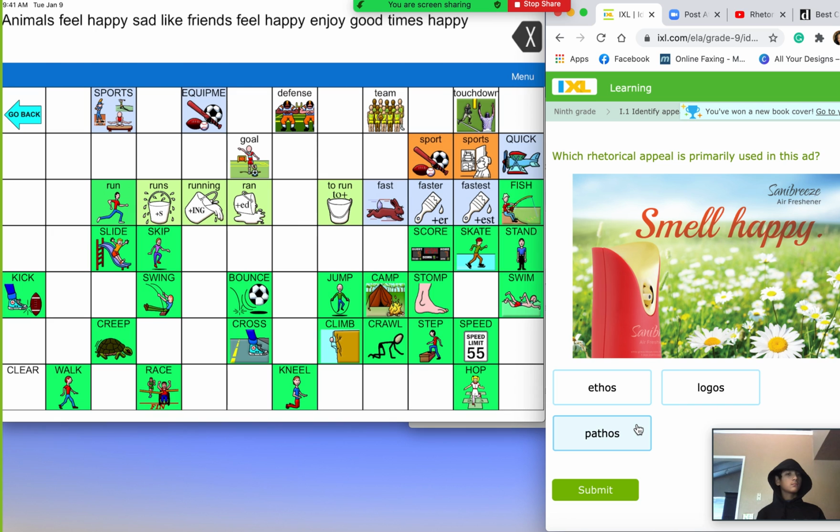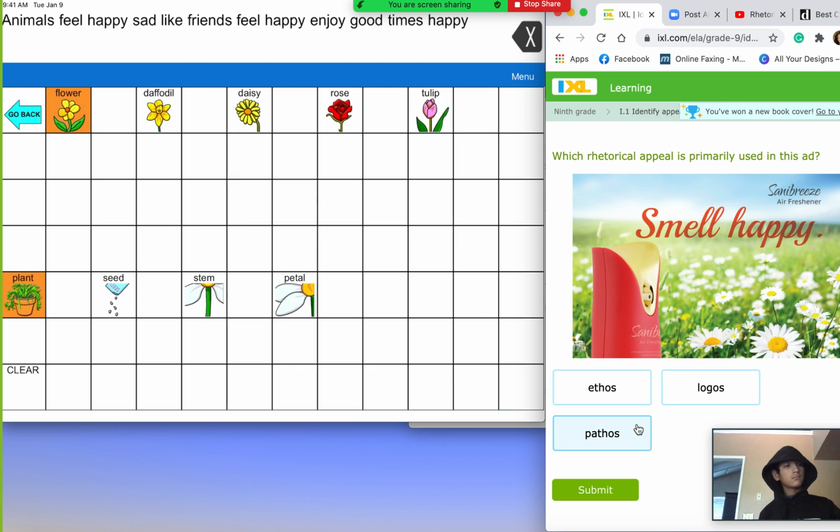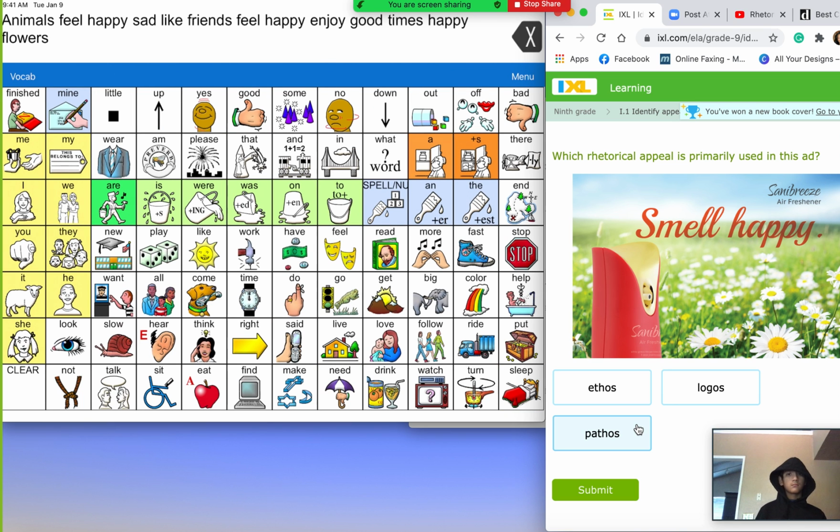Are you seeing a field of flowers? Yeah, there's flowers there. And this is actually for an air freshener of all things. So I think that you're right that it's talking about being happy. So it's probably going to be pathos again.